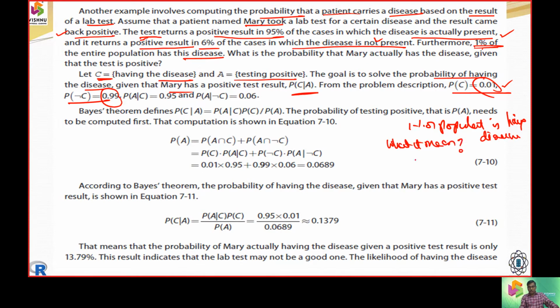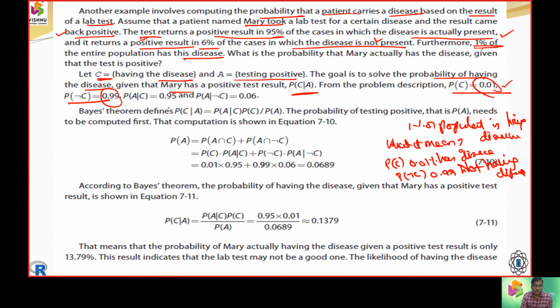It means that 0.01 has the disease, and its complement, the negation, 0.99, is not having the disease. So we are mentioning this in the model.